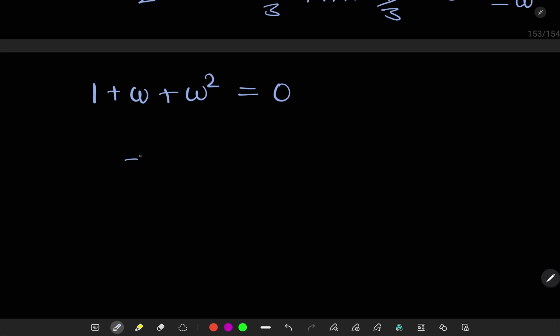So sorry, this is not equal to 0. Let's find the value of 1 plus omega square.